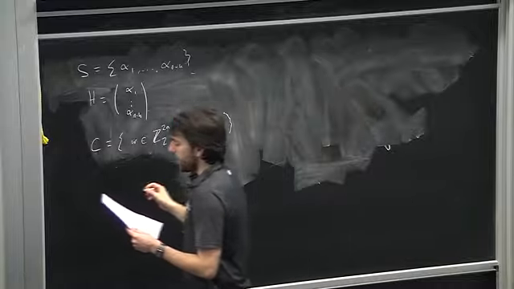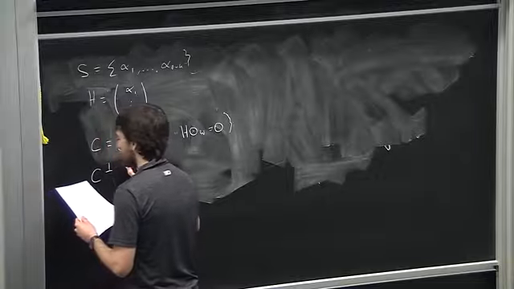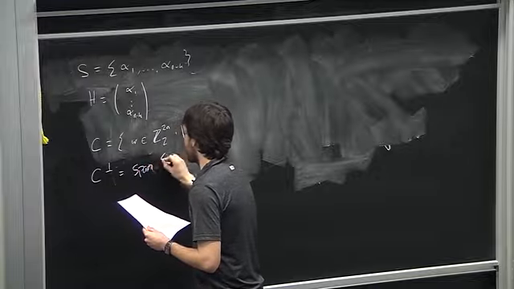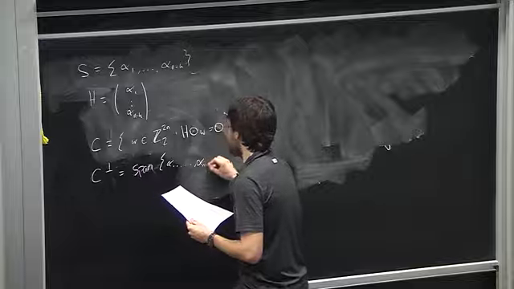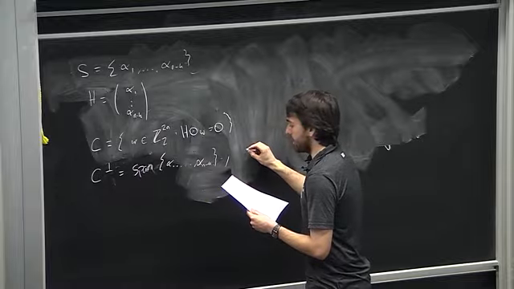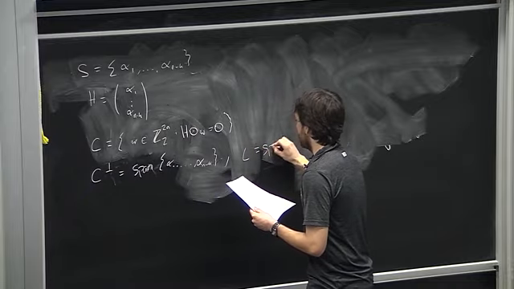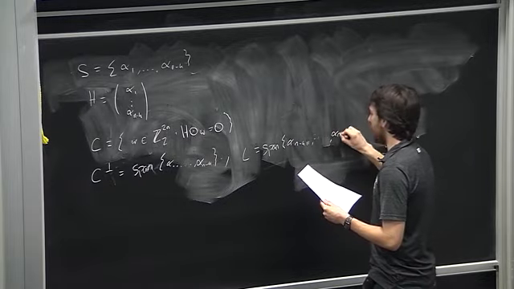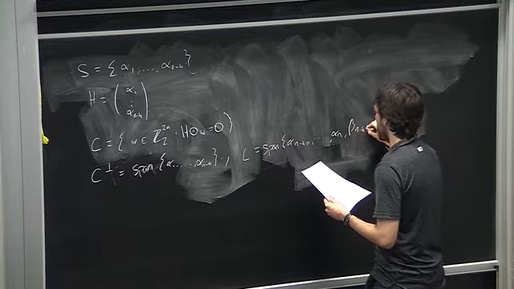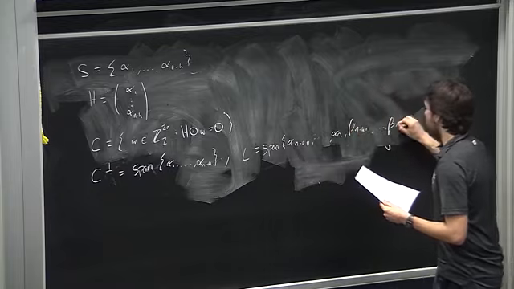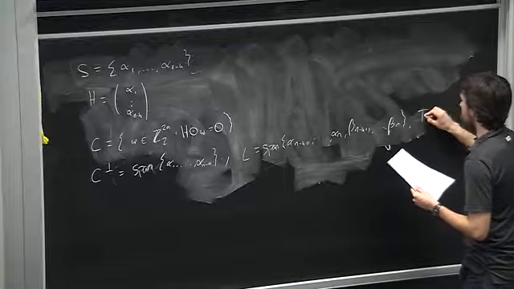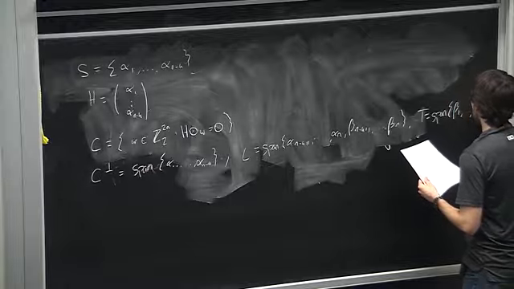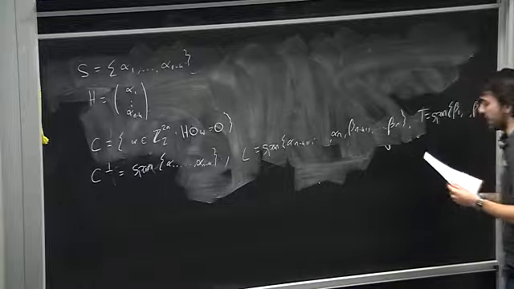And then from here, they define 3 things, which are C perp, which is the span of alpha 1 to alpha n minus k. They define L, the span from alpha n minus k plus 1 to alpha n, and beta n minus k plus 1 to beta n, and T, which is a span of beta 1 all the way up to beta n minus k.